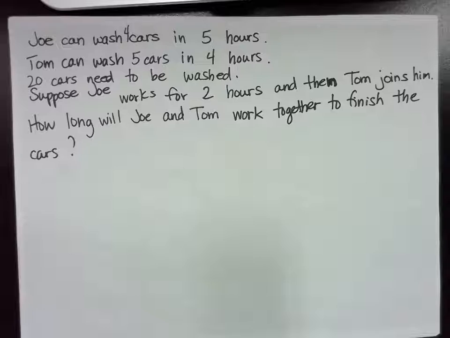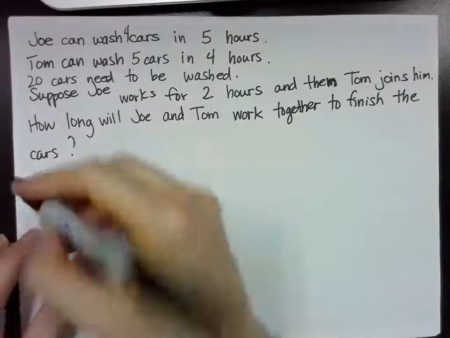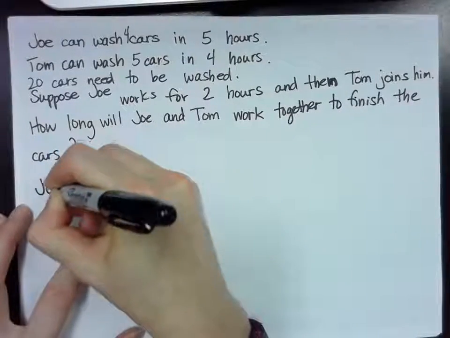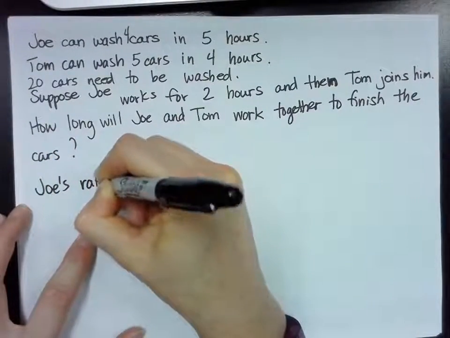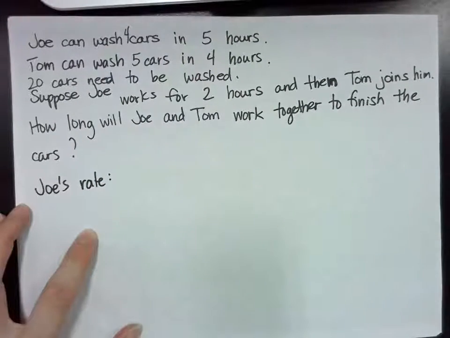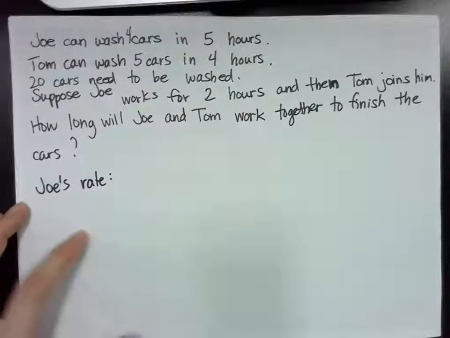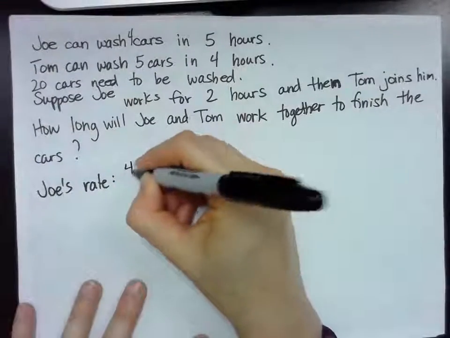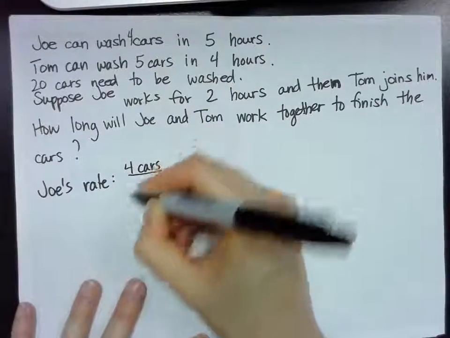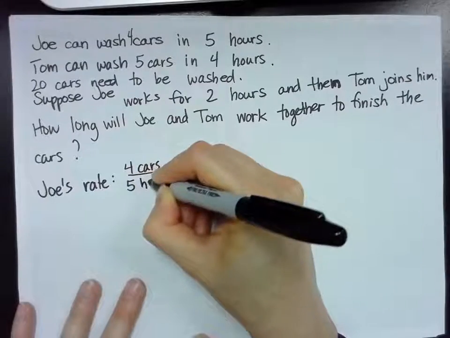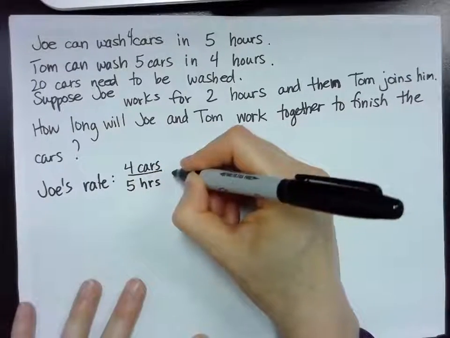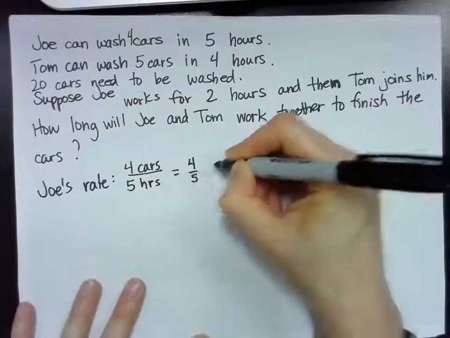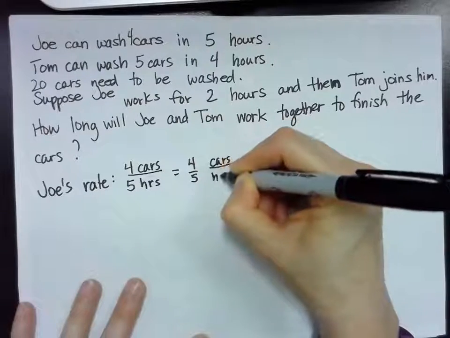Okay, so we've got a few things going on here. First, we are calling these rate problems, so we need to figure out the rate at which things are happening. So Joe has a rate. Joe's rate is just some unit per time. So what kind of unit are we thinking about? We're in cars. His rate is 4 cars per 5 hours, or we could write that as 4/5 cars per hour.